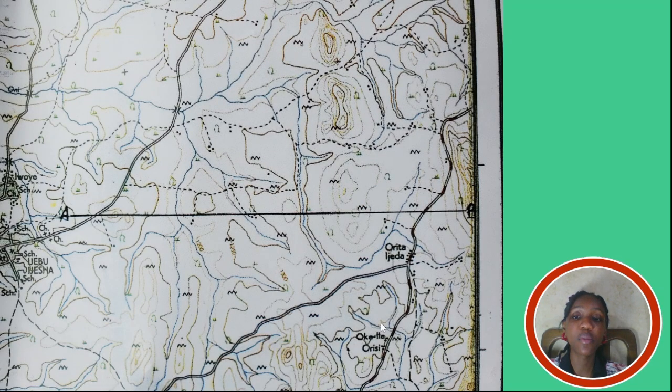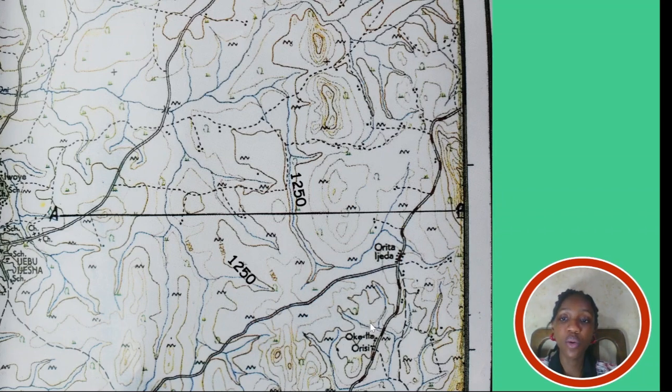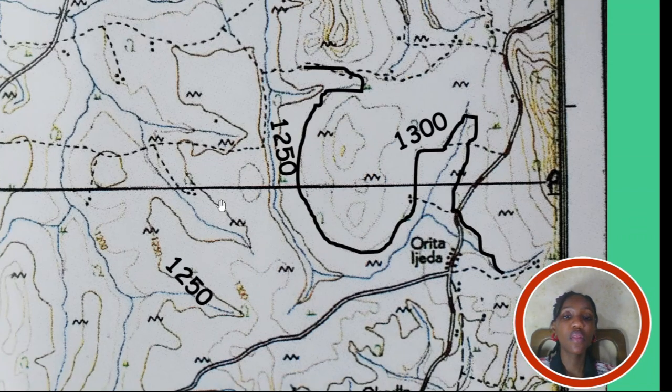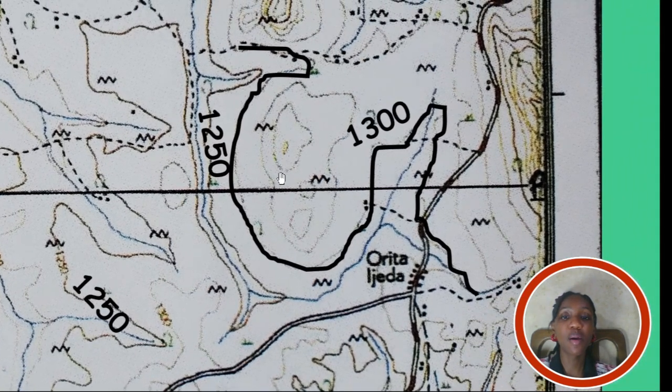As we have earlier established, this dark contour line is 1250 feet and is the same contour line that we still see here, the contour line that encloses the river. And so this makes the contour line above it 1300 feet. Now don't forget that our contour interval is 50 feet. So let me highlight the 1350 feet contour that I was talking about. So now since this is 1300 feet, then that should make the line above it right here 1350 feet.